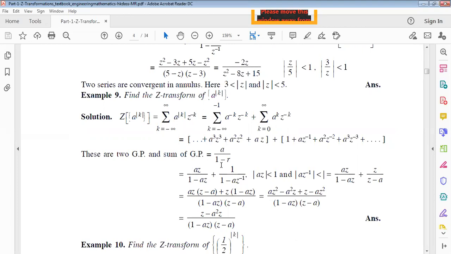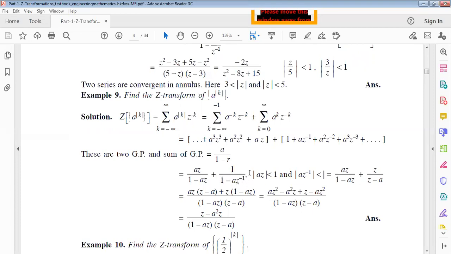So the sum will be, by the formula, a divided by 1 minus r, where a is the first term and r is the common ratio. The first series can be written as first term divided by 1 minus common ratio, plus similarly the second series, with first term 1 and 1 minus its common ratio r.